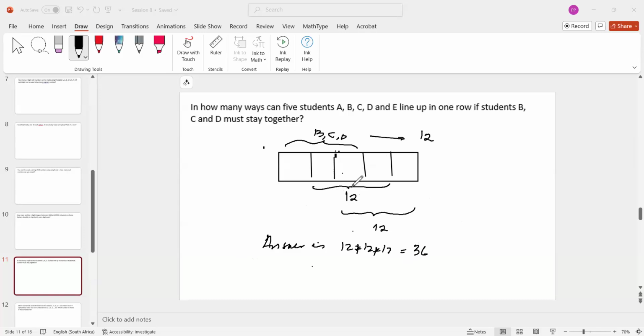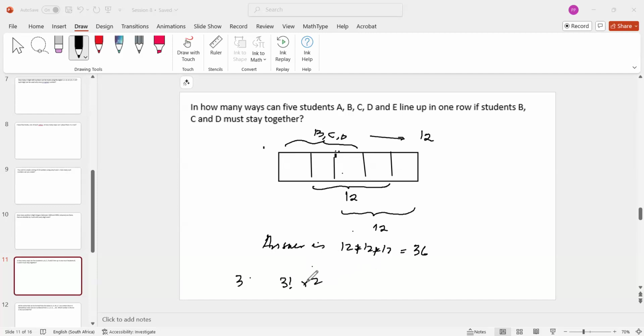But if you're a little bit more advanced, you can say, well, I could have put B, C, and D in 3 different positions. Then for each such position, I can interchange B, C, and D in 3 factorial ways. And for each of these 3 factorial ways, the other 2 can be arranged in 2 ways.